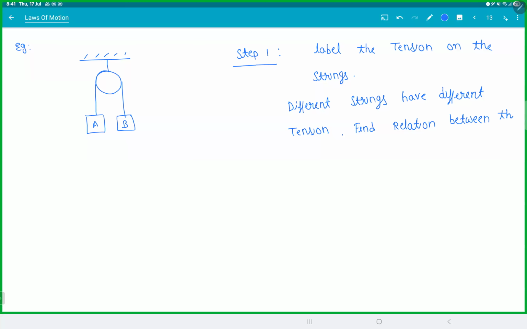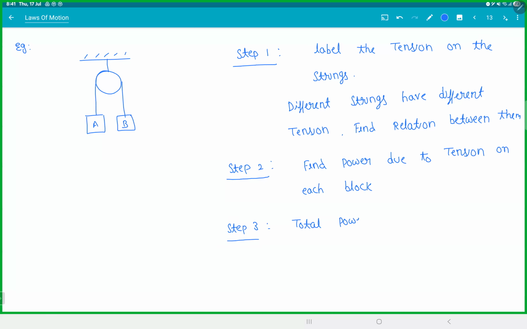Step 2, find the power on each block. Power is tension dot velocity. Step 3, add all the powers. Total power must be 0. Great. Look at this problem. We have done this. It is a pretty simple thing.